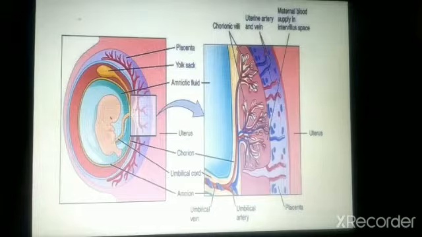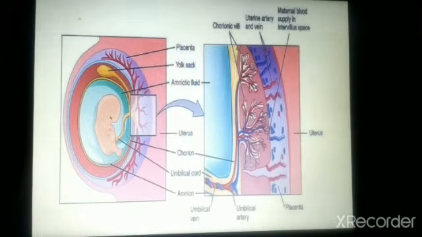Here in this picture, you can see the finger-like projection appearing on the trophoblast, and you see clearly this finger-like projection, we call it chorionic villi. This chorionic villi is a finger-like projection which appears on the trophoblast cell and it is surrounded by the uterine tissues and maternal blood.